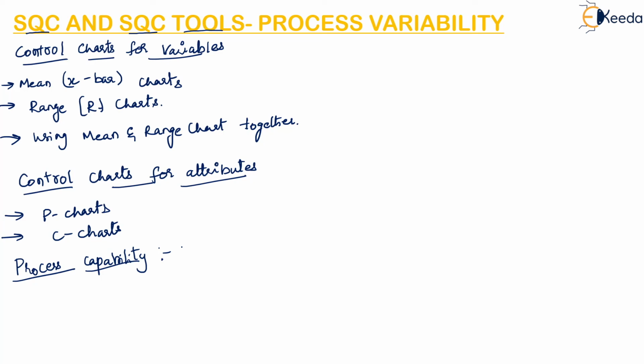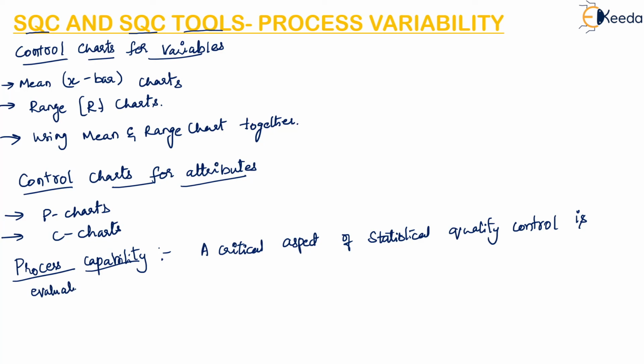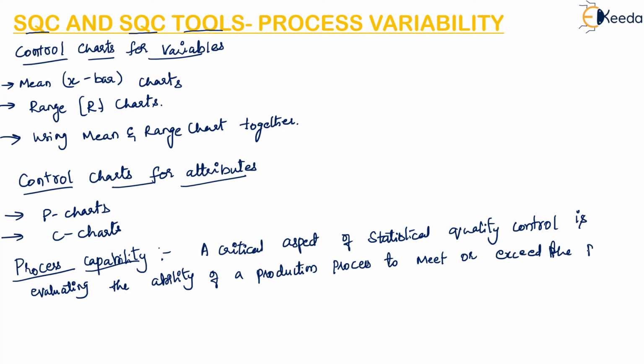But a critical aspect of statistical quality control is evaluating the ability of a production process to meet or exceed the preset specifications.